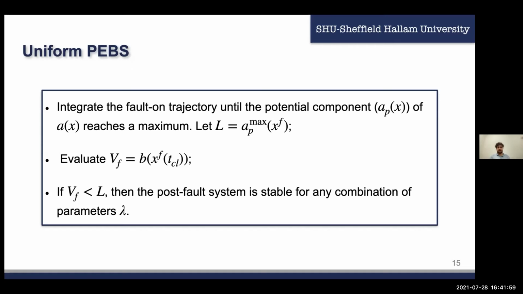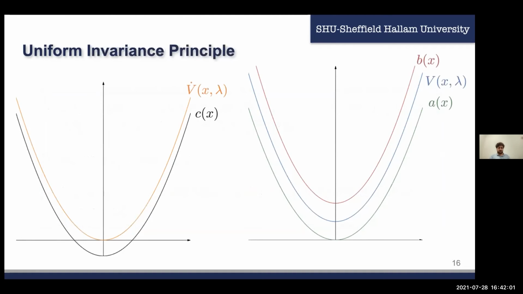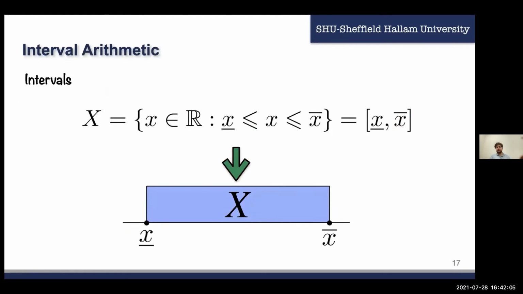In this research, we use something called interval arithmetic. We know that maybe it's not the best solution in a sense, because ideally, these uncertainties would follow, I don't know, maybe a Gaussian or normal distribution.